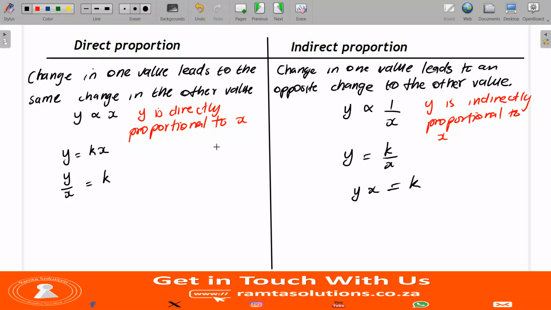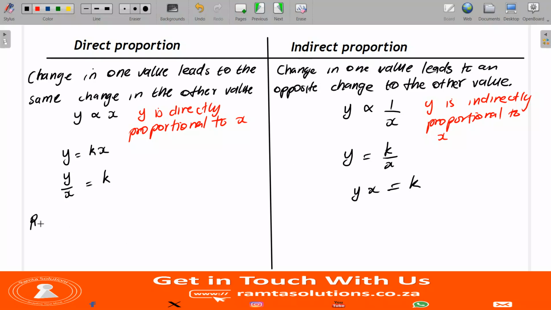With direct proportionality, the ratio of the values gives you a constant. With indirect proportionality, the product of the values gives you a constant.